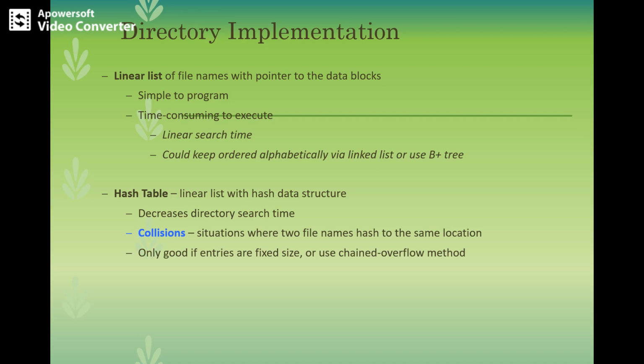Okay? And therefore it can greatly decrease the directory search time. So what it does is it takes a value from the file name and returns a pointer to the file name in the linear list. So search time is less and insertion and deletions are also straightforward.